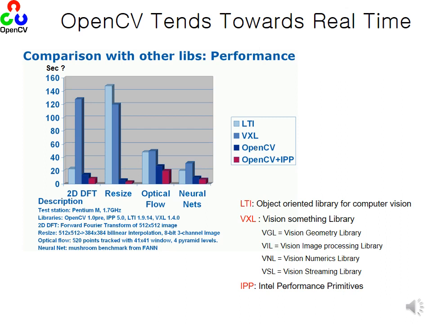IPP means Intel Performance Primitives, and it is a library that speeds up the performance of a computer equipped with an Intel CPU.